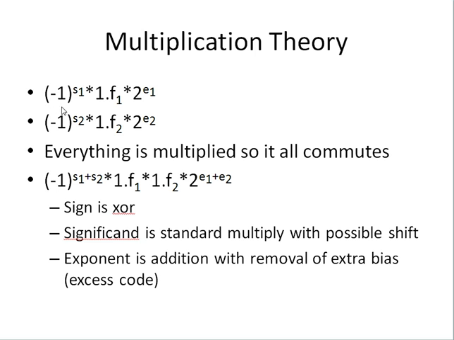So I can group together -1 to the sign times -1 to the sign of the second. They have the same base, so it's the same as adding the exponents. Now we note that that is actually the same as doing an exclusive OR, and the reason is we only worry about the first bit. If you do true addition and both of these are signed, you get 1 plus 1, which is 2, but 2 is 1, 0.